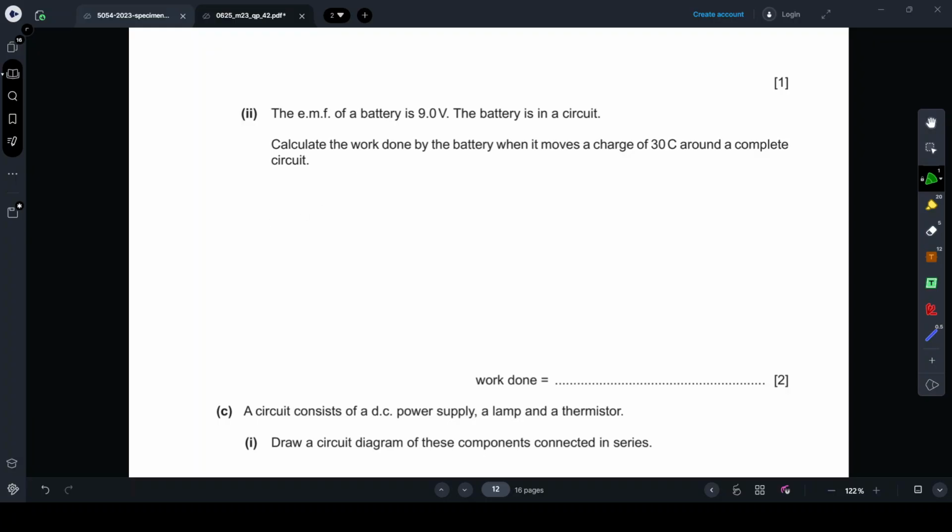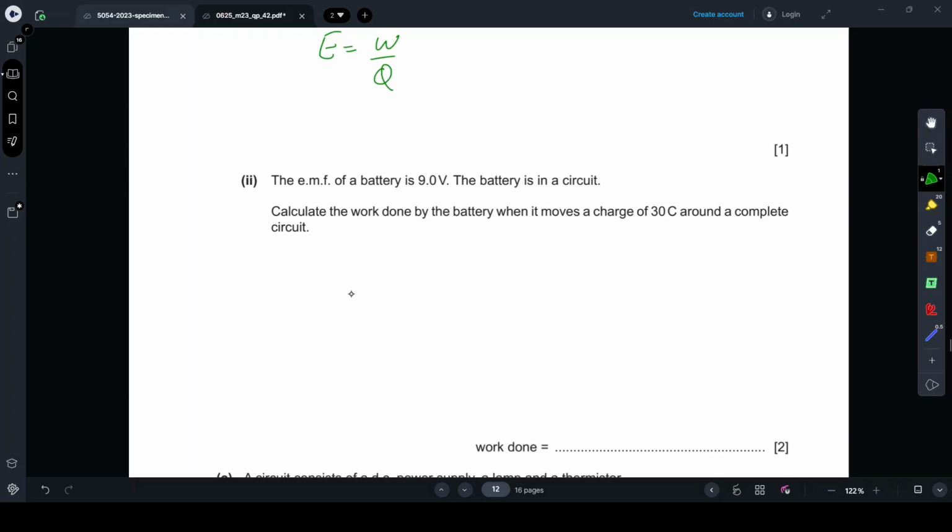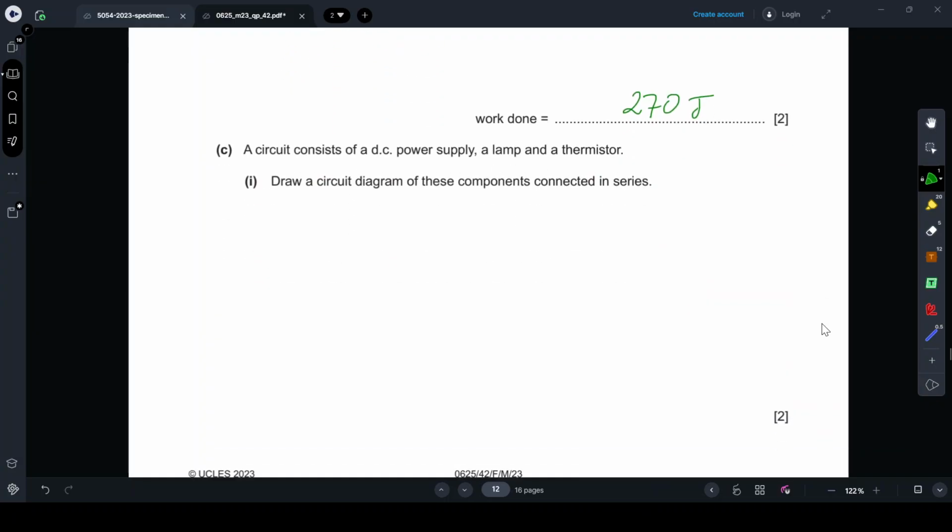So using that formula, what you need to find is the work done. So W equals E times Q, so that's 9.0 into 30. And what are you getting out of this? 270. 270 what? Joules. Work done and energy are both in joules.